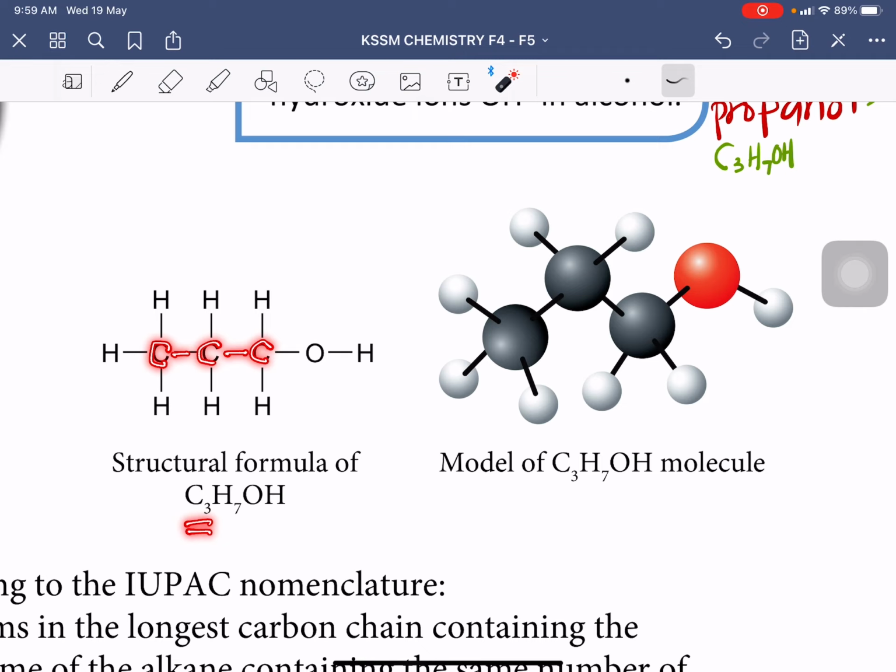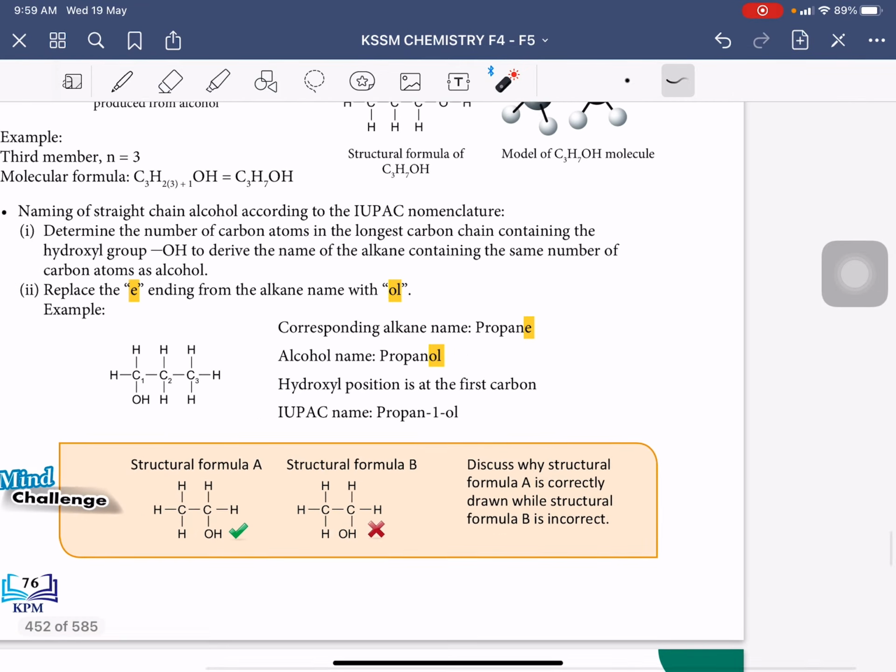There is no double bond between the carbon atoms in alcohol. Only single bonds. H7, so you draw 1, 2, 3, 4, 5, 6, 7 H. And then this is the functional group. You can draw it this way, or you can draw it this way.